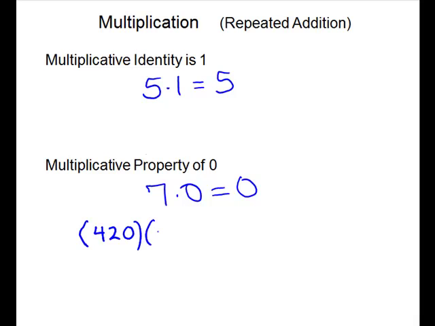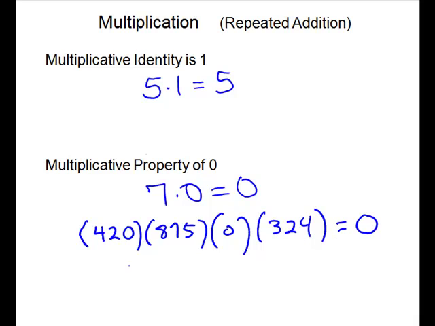Say 420 times 875 times 0 times 324. So if we just went across and multiplied, this is something really big, but then it's times 0. So it gives us 0. And then 0 times 324 is going to give us 0. So with all multiplication there, as soon as we see a 0 in there, we know the answer and we don't even have to do the multiplication.